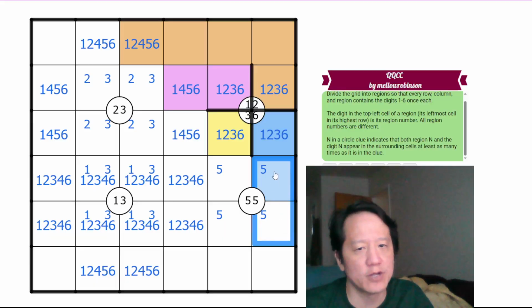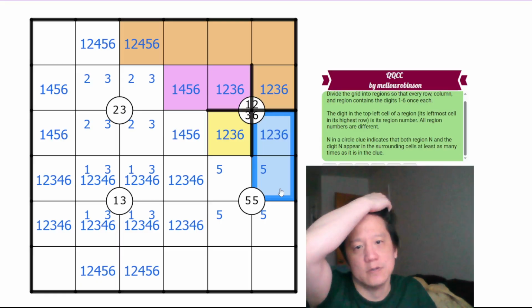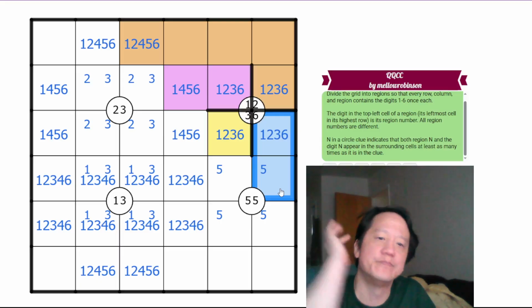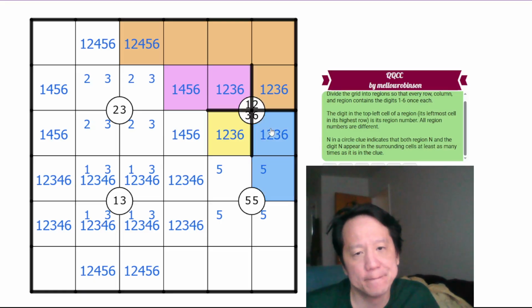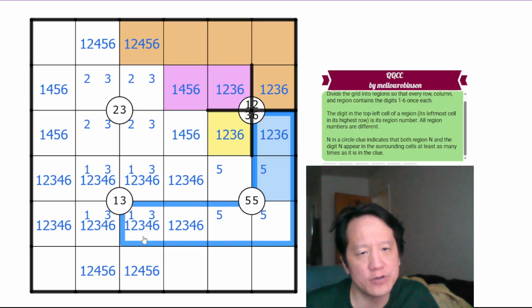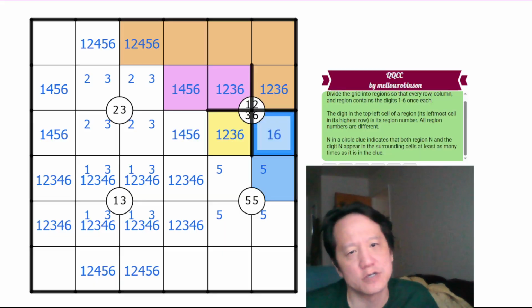The region number cannot be 5 for this region. If this were region 2 or 3, how would it ever get to 2 or 3 here then? It can't get to here. So this cannot have a 2 or 3 there. It's 1 or 6.